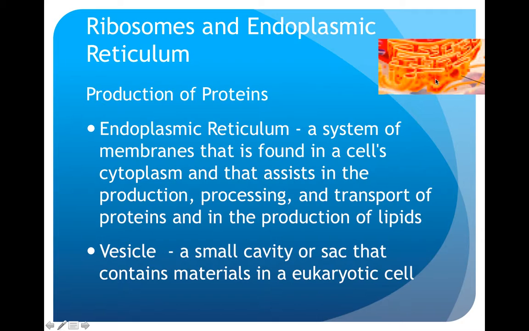Once they make the proteins, it goes into the endoplasmic reticulum. From there, inside the endoplasmic reticulum, these small vesicles are formed. And a vesicle is a small cavity or sac that contains materials in a eukaryotic cell. So these proteins are going to be contained by a vesicle, a little package. It's going to be packaged up, and then the protein can go where it needs to go.